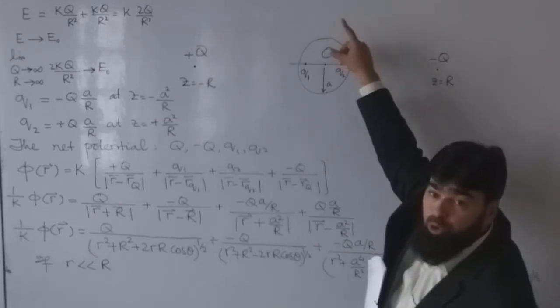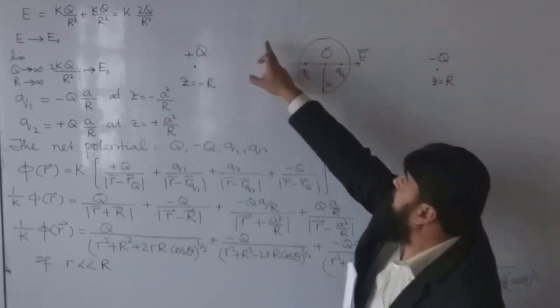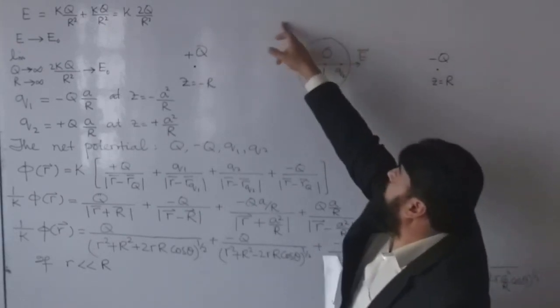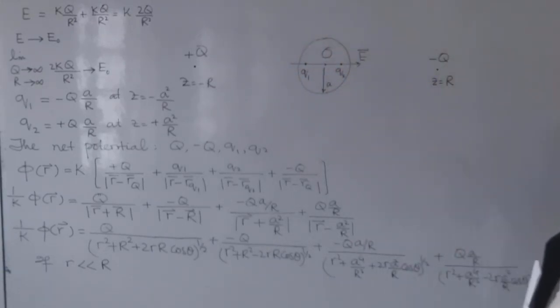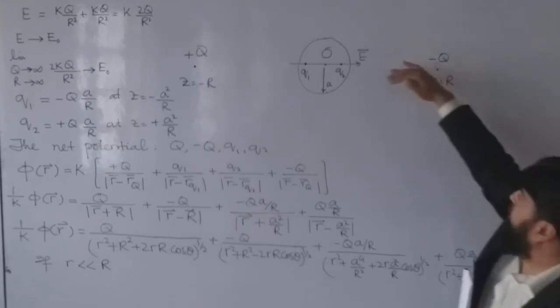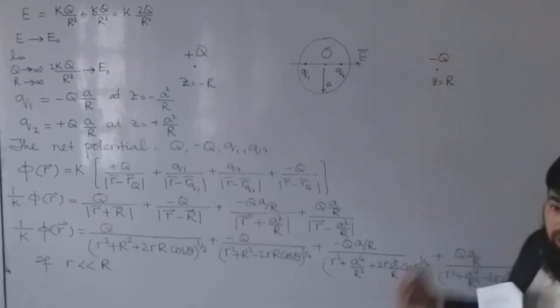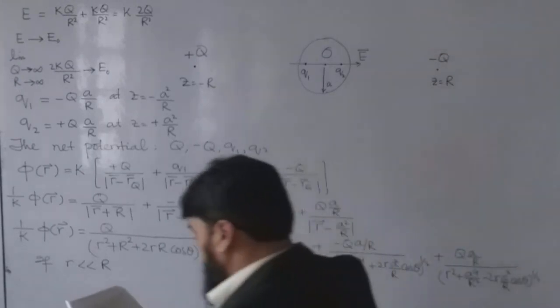The sphere should be in a uniform field, where the lines are flat, and this R will be much farther away in order to not consider the curvature of the field lines.